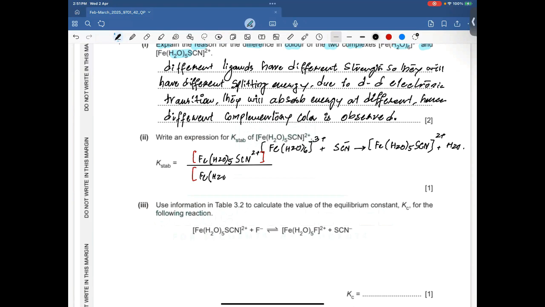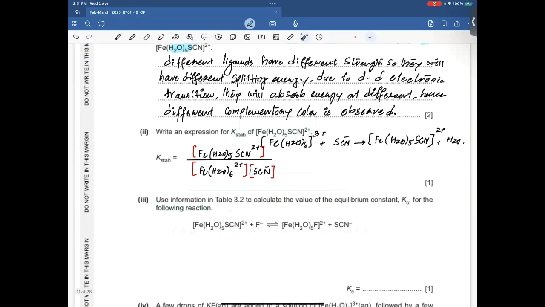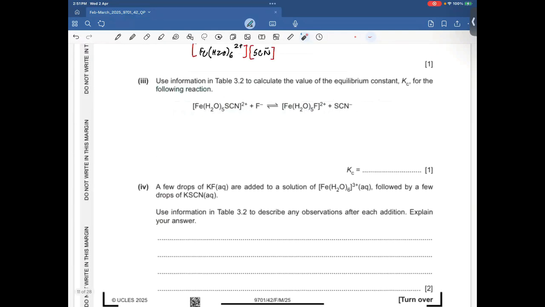Charge has to be inside the bracket, if you remember. And then concentration of thiocyanate. While writing K-stab, I will ignore water molecule because it remains in excess. So whatever is in excess, we need to neglect it. Okay. So that's the K-stab.